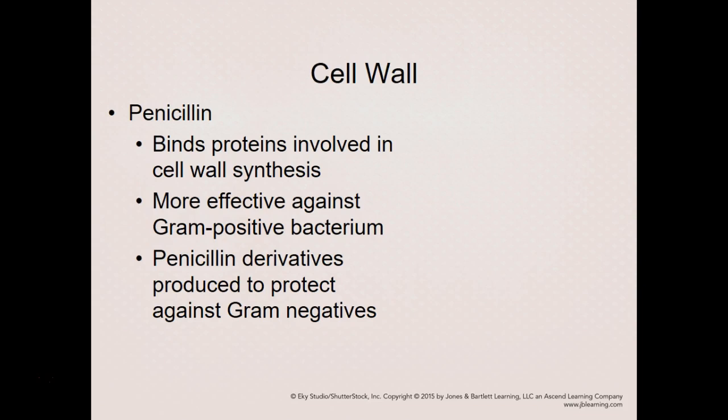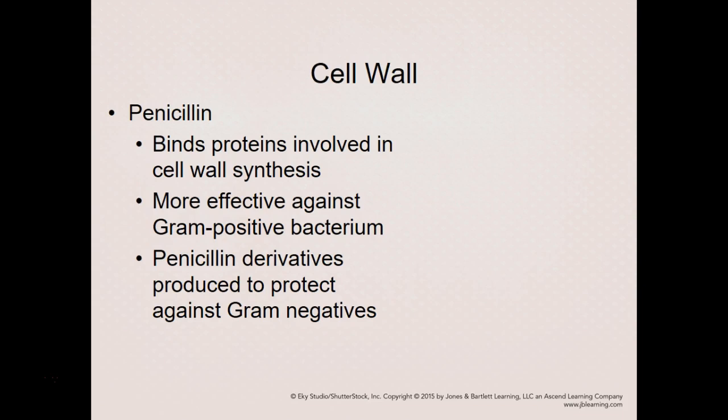So let's look at the cell wall and how different drugs might affect it. Actually, we really look at two drugs, penicillin and lysozymes. Lysozymes are made by our bodies. Penicillin is made from the mold Penicillium. So what penicillin does is it binds to proteins in the cell, and it inhibits peptidoglycan synthesis.